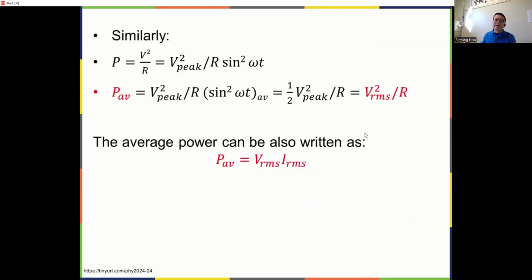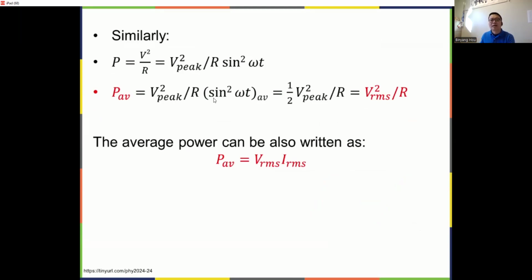If we look at another expression for power, power could also be V squared over R. V would be V peak sine omega t. So power will be V peak squared over R times sine squared omega t. Again, if we calculate the average, V peak squared over R will be constant. The average will be on the sine squared omega t, which will be 1/2, just the same as the previous slide showed.